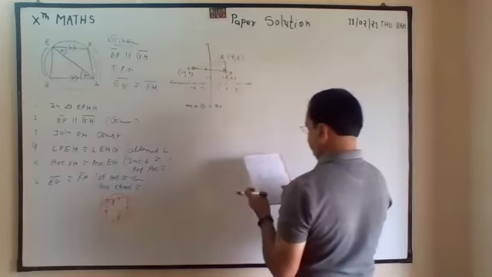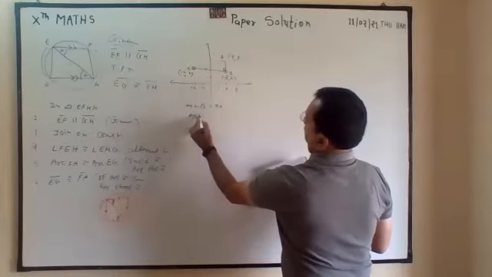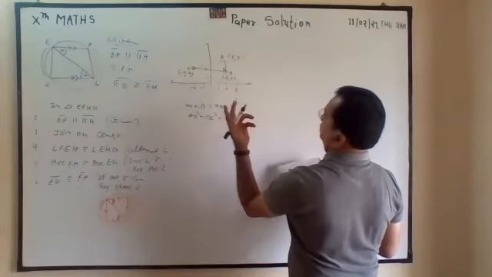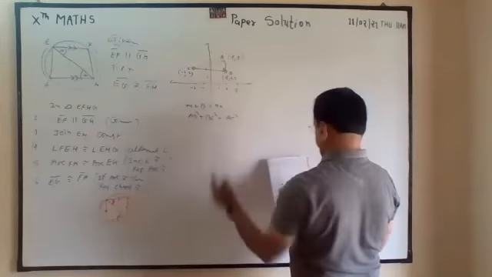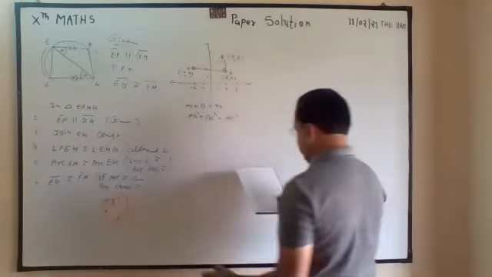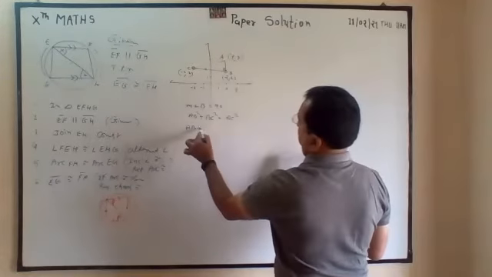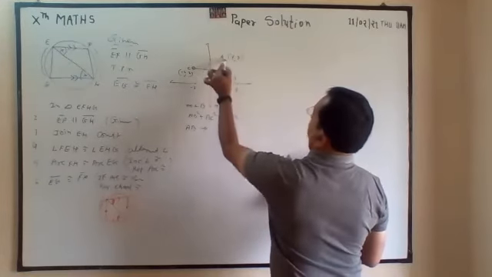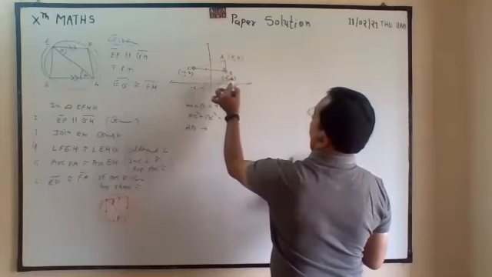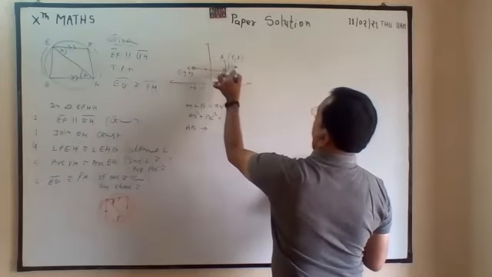Then they have given AB square plus BC square is what? So that is AC square. Then AB is how much? A to B from 2 to 3. So that is 1 only.